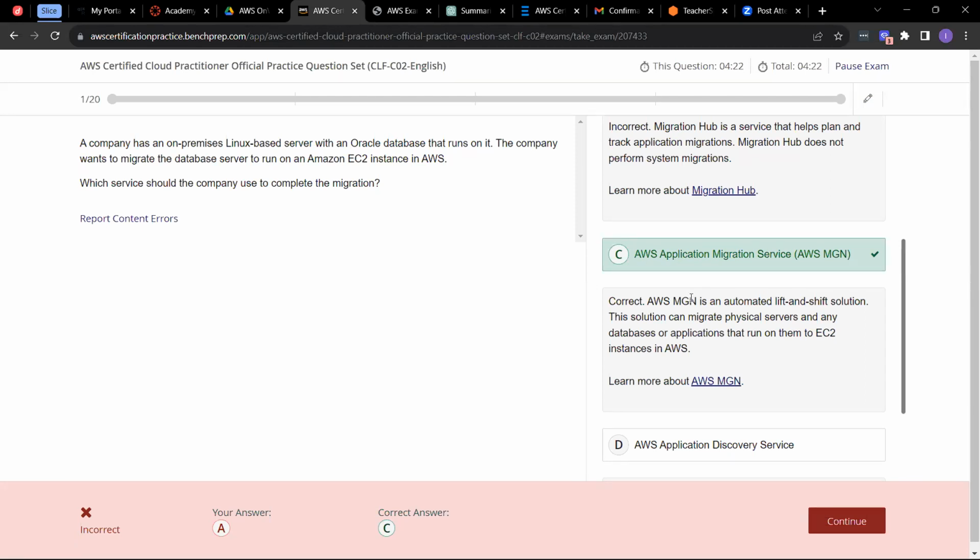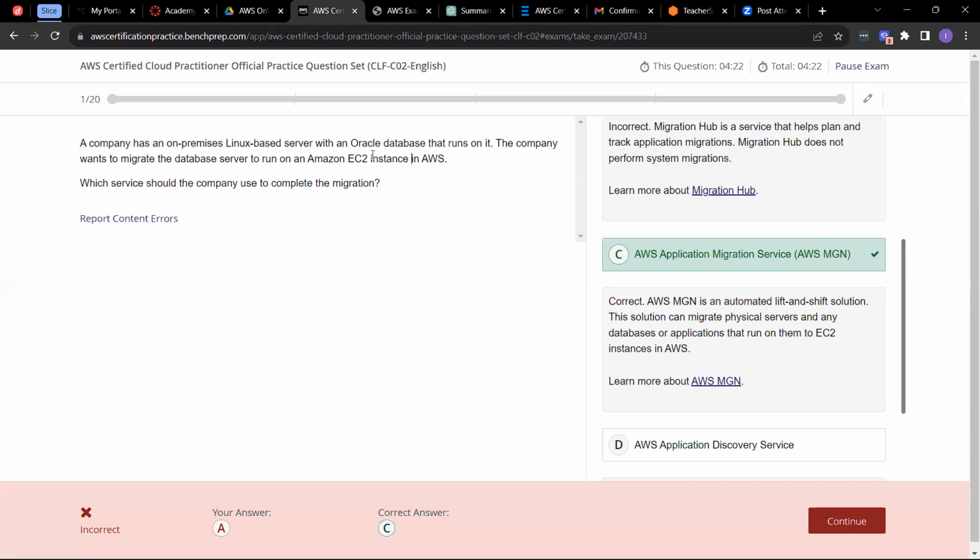If you read the explanation, MGN is an automated lift and shift solution. This solution can migrate physical servers and any database or applications that run on them to EC2 instances. So you are lifting the server and its database.